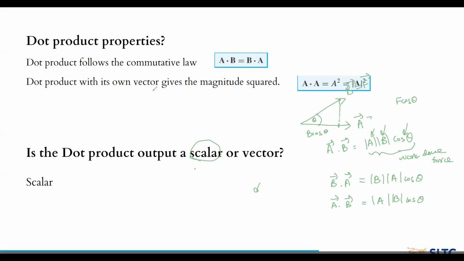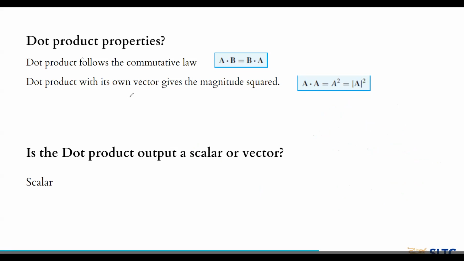Another feature is that the dot product of a certain vector with itself gives the magnitude squared of that vector, right?